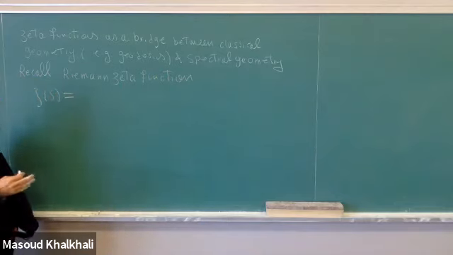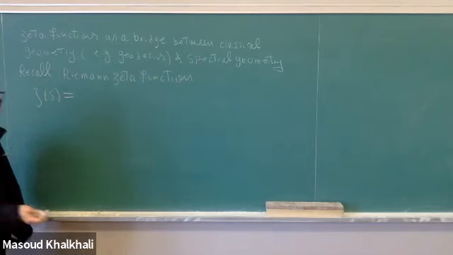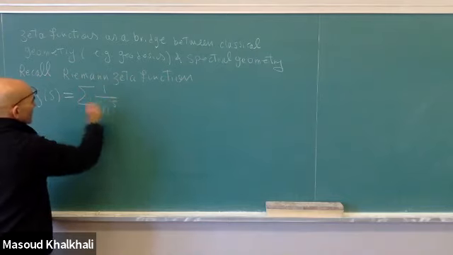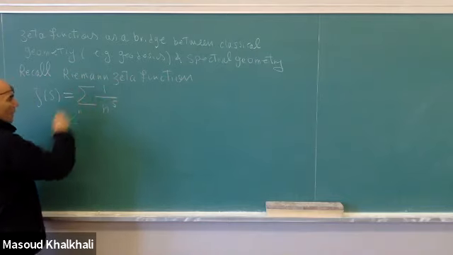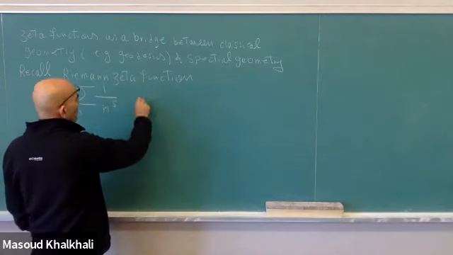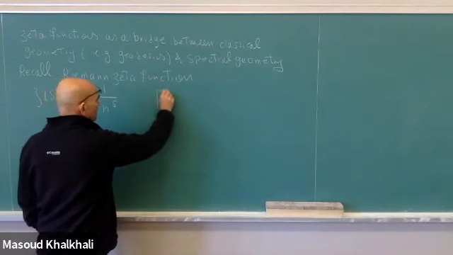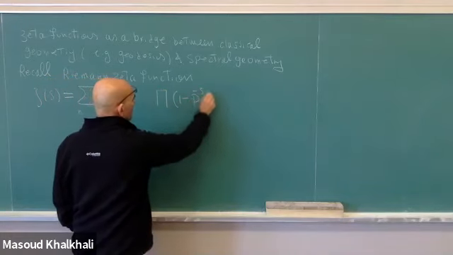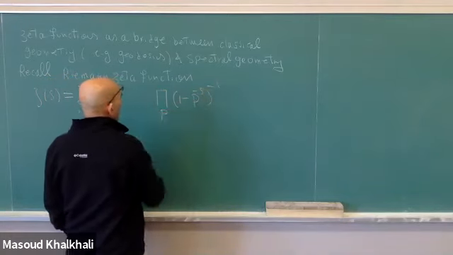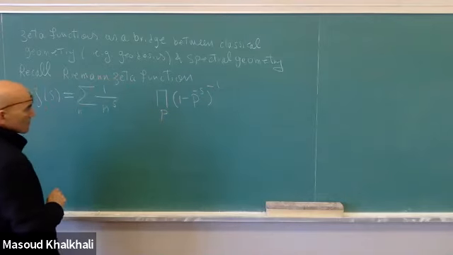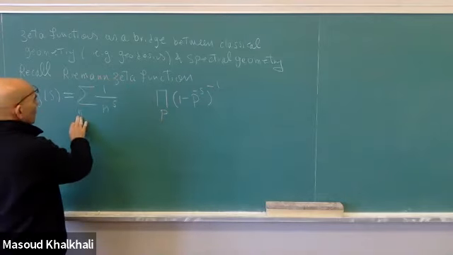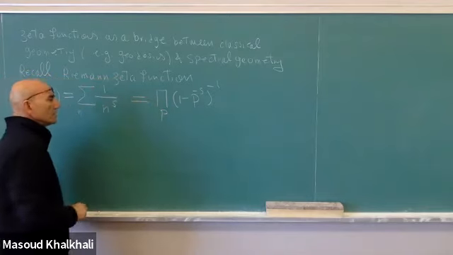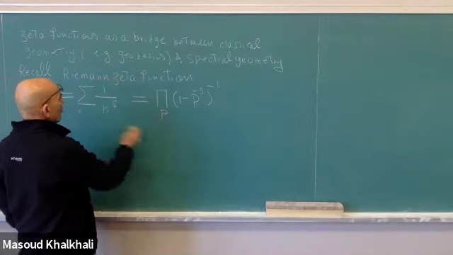One was a sum, the other was a product. We defined it to be the sum of 1 over n to the s, for n bigger than or equal to 1. We also defined it by an infinite product over primes.